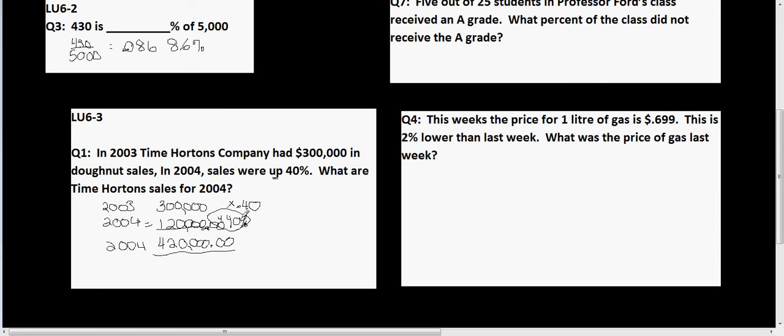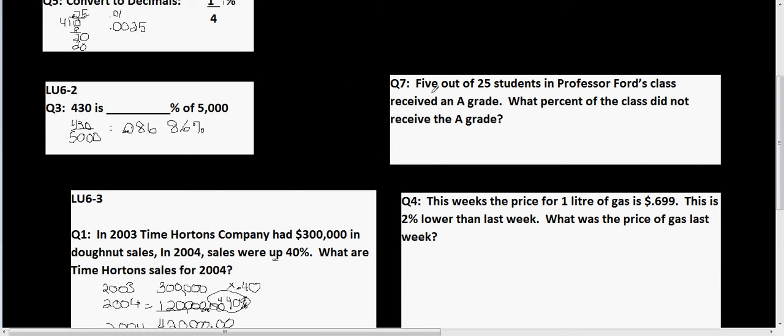Let's take a look at another example. This one's a little tricky here, but often used. You'll see this in many different situations. If you have 5 out of 25 students receiving an A, so we have 5 get an A, and we know the total in the class is 25.